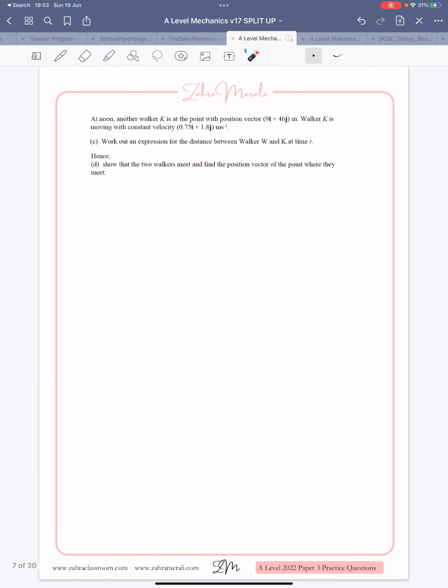Okay, now we've got another walker, and at noon, this walker K is at 9i plus 46j. And every single second, he walks 0.75i plus 1.8j.